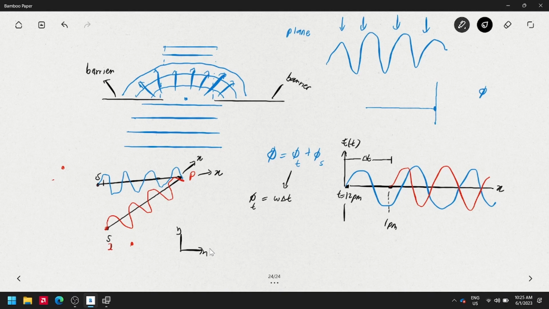I hope you guys are okay, so you don't get confused here. The x-axis is not the Cartesian coordinate. It is basically in the same direction as the direction of propagation. Let's say if the wave is moving towards this direction, then the x-axis will be in that direction. For example, the wave is moving towards this direction, then x is towards this direction. So that's the idea. I hope you're not confused with that.